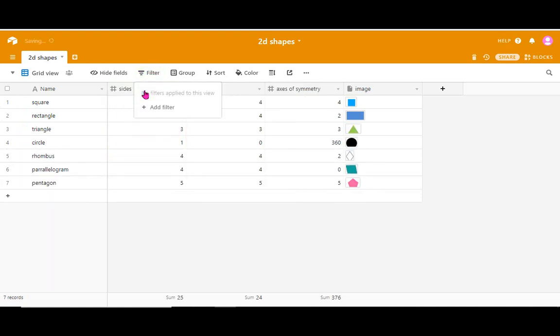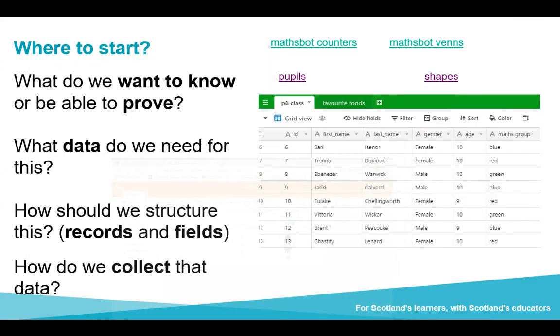It might be that you create databases or tables like this, that your learners just use them as a knowledge base to find out facts, or it could be your learners are going to create those. Again, I think before we get to databases, we want to make sure that our learners are secure in their knowledge of concrete and pictorial representations of data.